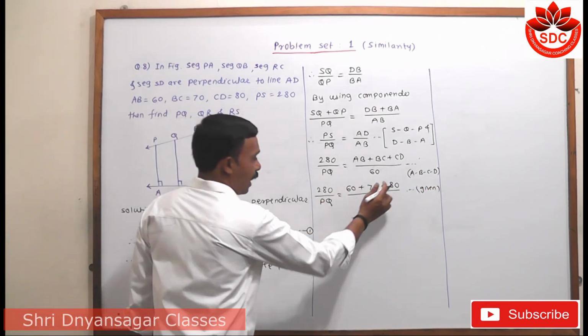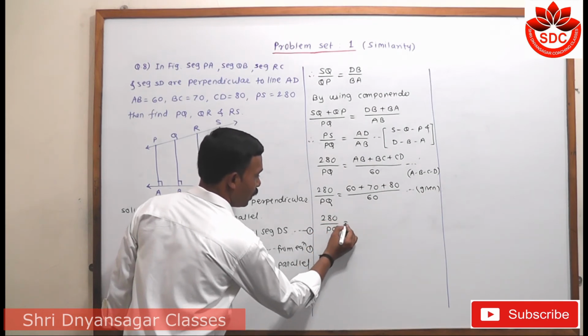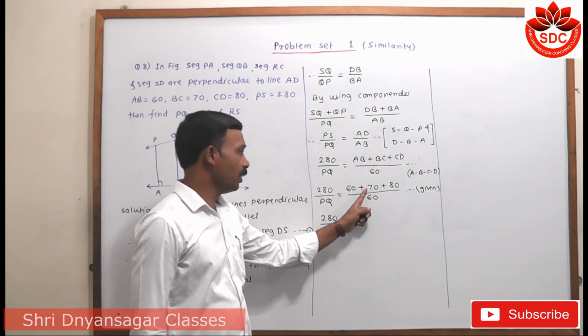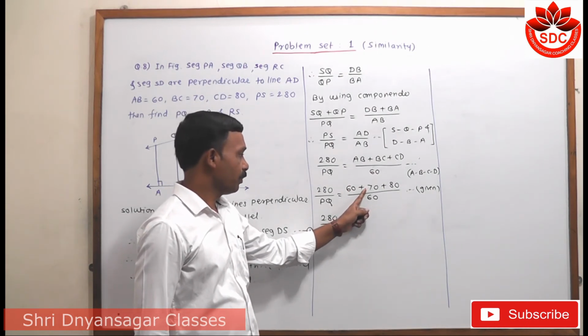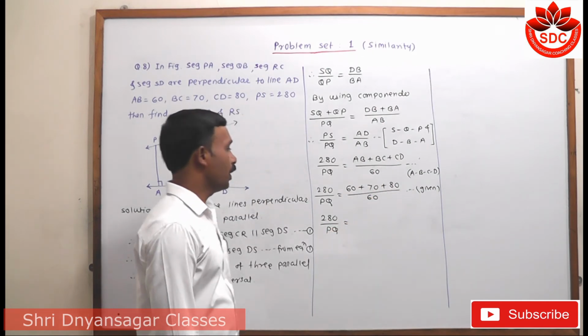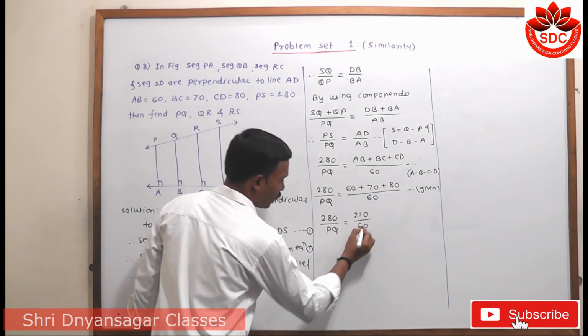Then we take the addition of these two, which means that 280 upon PQ is equal to, now the addition becomes 60 plus 70, 130, plus 80 becomes 210 upon 60.